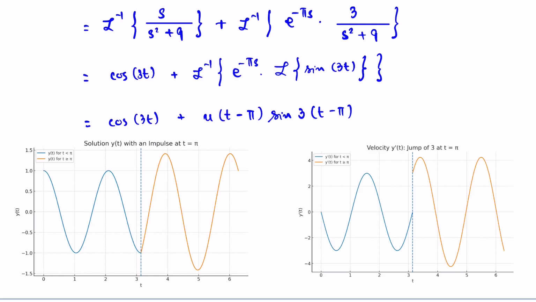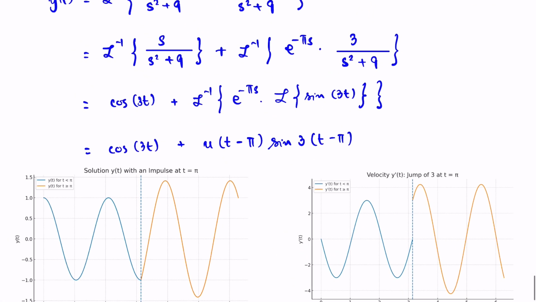Okay, you can think of this scenario as a speed bump, right? As you move along here, you drive the car, given that you ignore all the other factors, and you have a very smooth drive. But momentarily, at the moment of t equal to pi, you have a speed bump, and therefore there's a kind of hit here that occurs at t equal to pi.